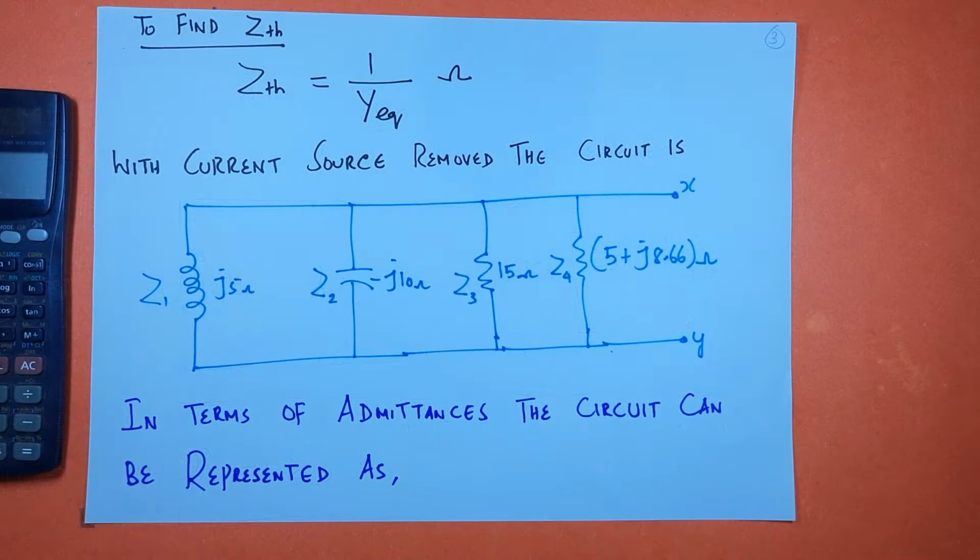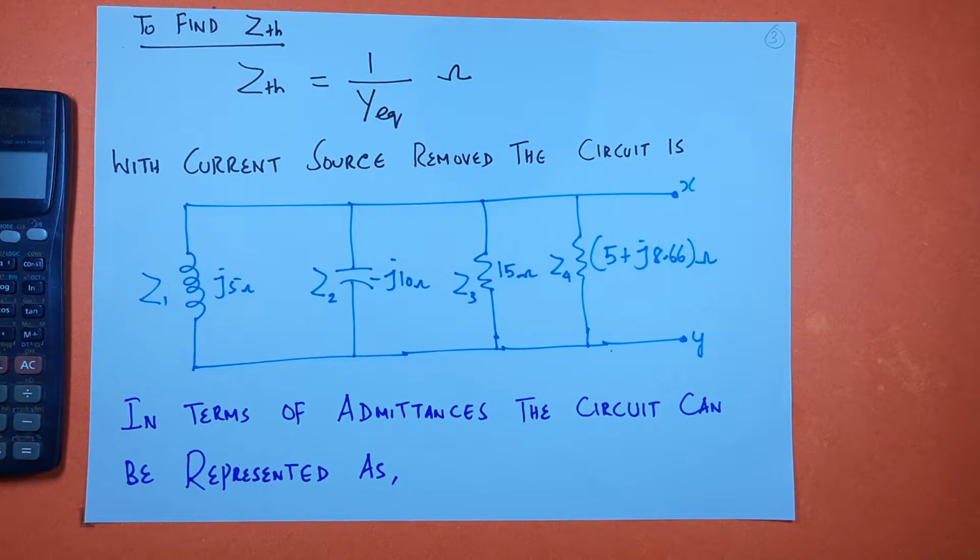To find Z Thevenin, we use the equation Z Thevenin equals 1 by Y equivalent ohm. So this Y equivalent is the equivalent admittance. What is admittance? It is the reciprocal of impedance.